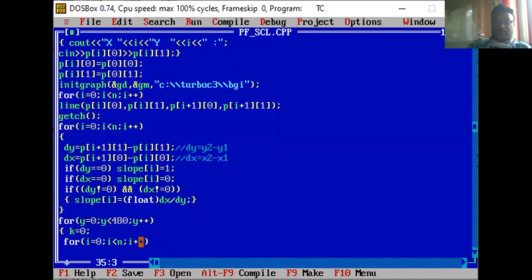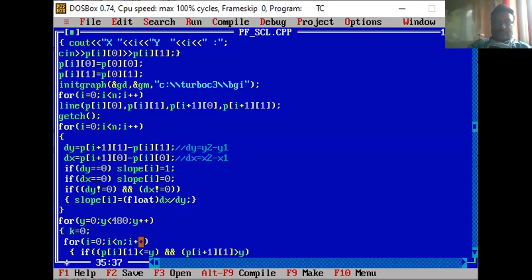Now, for the intersection to be formed, suppose I have considered two brackets. p of i 1 is less than or equal to y, and suppose p of i plus 1, the next value, is greater than y.